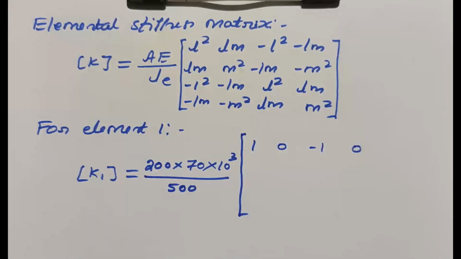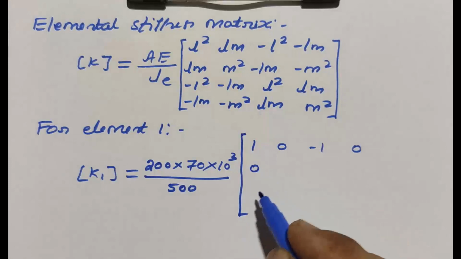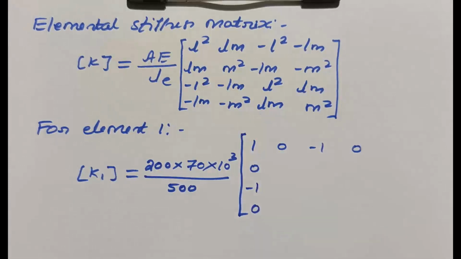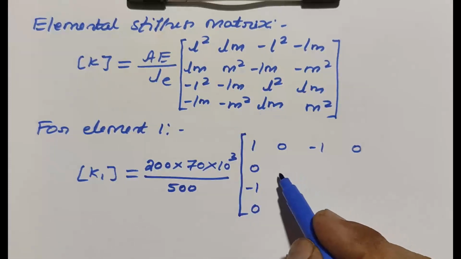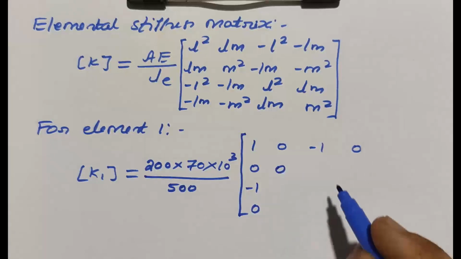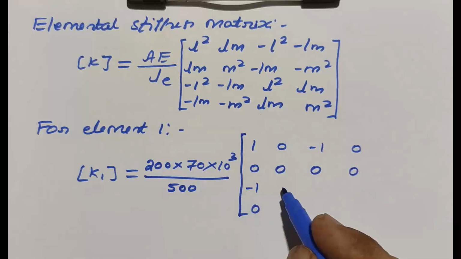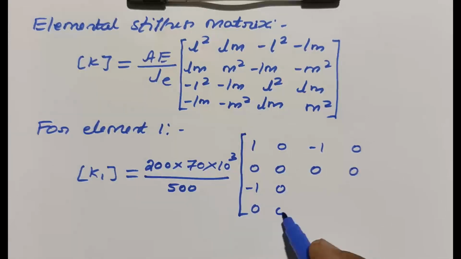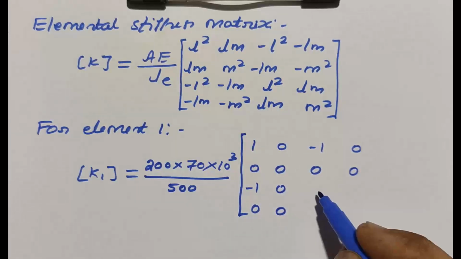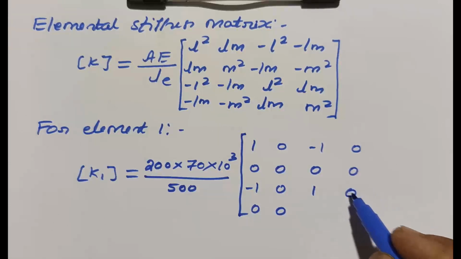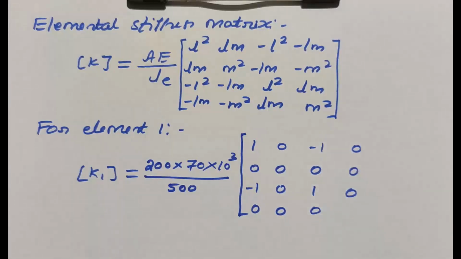We know that the stiffness matrix is a symmetric matrix. So you can directly write this 0, minus 1, 0. Next m square, it is 0. Lm, minus Lm 0, minus m square 0. Due to symmetry, here I can write 0 0. Next we need L square. L square is 1 for first element. Lm is 0. Due to symmetry, it will be 0. M square is again 0.